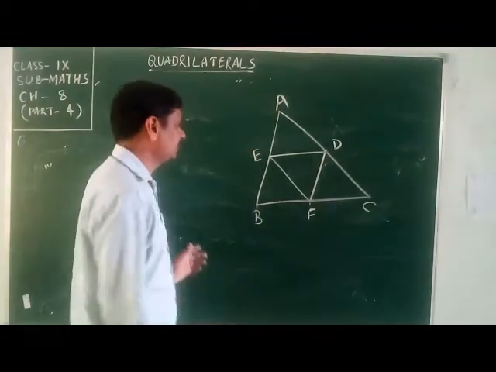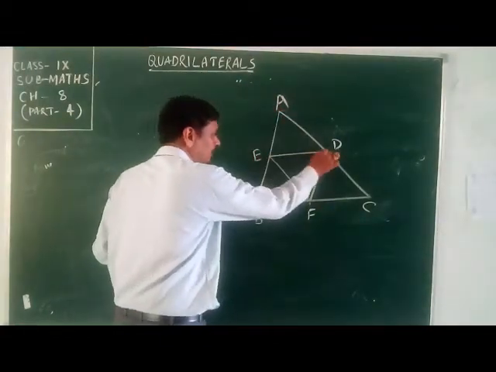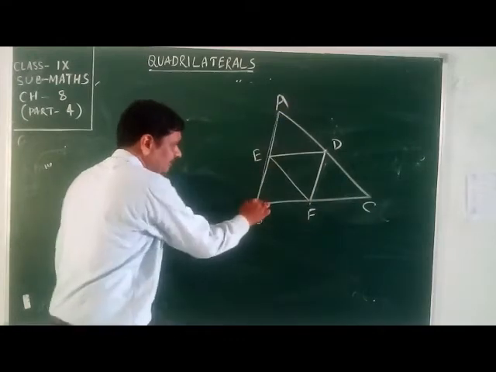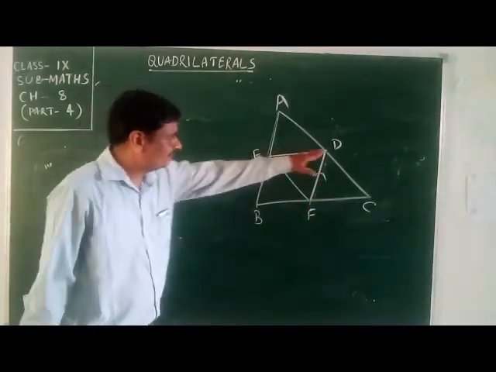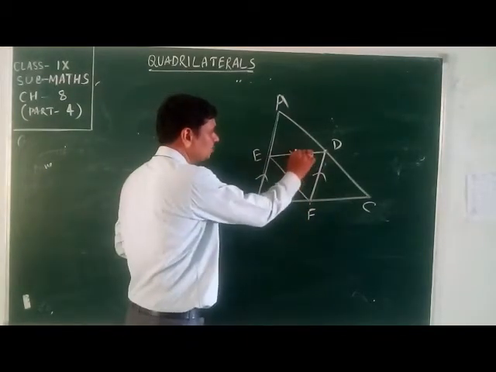How are they congruent? Since these two are midpoints, they join with this AB, so these two are parallel. These two are midpoints, join with BC, these two are also parallel.